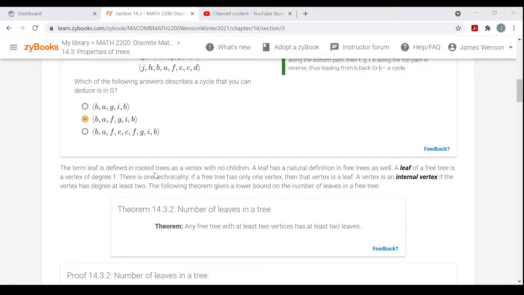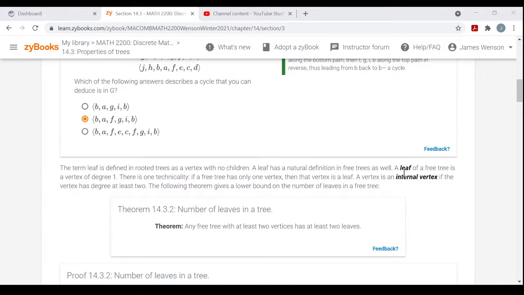as a vertex with no children. But if you're a vertex with no child, that means you have degree 1. So they extend that definition here now. A leaf has a natural definition in free trees as well. Free trees were just unstructured trees.